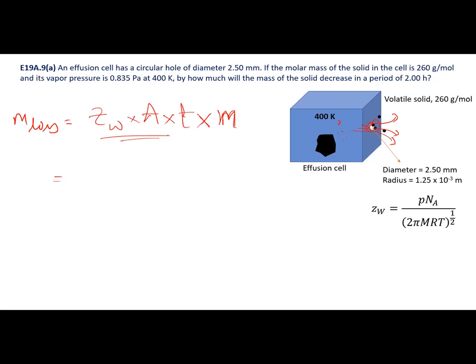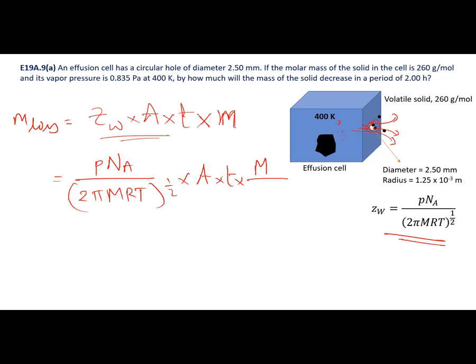So Z sub W, as we derived in the previous problem, is P times N_A over (2 pi m R T) to the power half. We know area times time, and m can be written as molar mass over N_A, so this N_A and this N_A get cancelled.